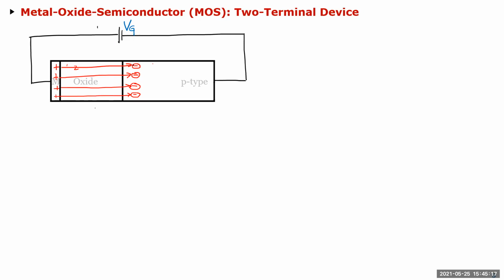The p-type material has majority carrier what? Holes, right? So it will drive away a hole. Once it drives away a hole, because it's electric field, right? If there is electric field and there is a mobile charge, there will be a force on it and it will move away. And you can say, oh, why is it not just acting like a resistor where they're continuously in a flow?